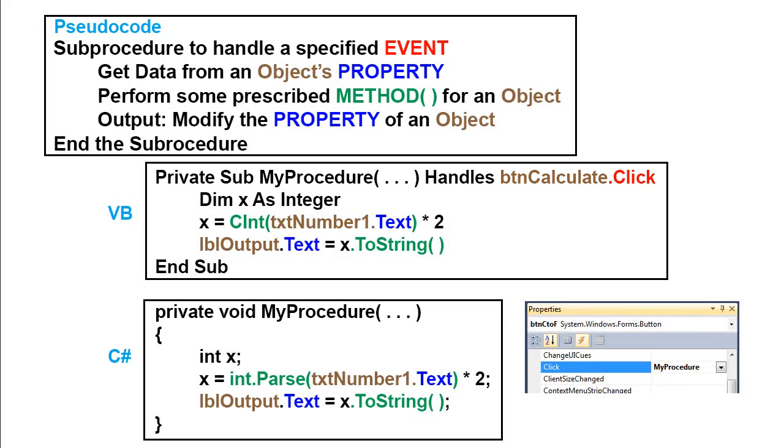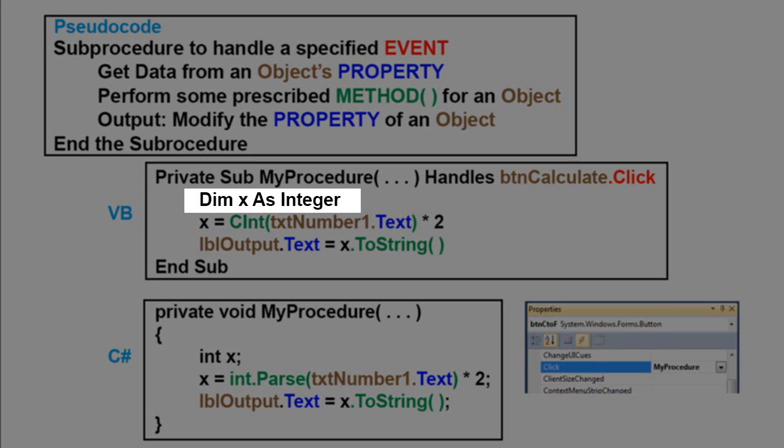When the user clicks on that button, the code that's going to execute is we're going to create a variable called x, and then for x, we're going to get a property of a text box named txt_1. txt_1 is our object. We're getting the text property or the contents of that text box, and that's a string value.